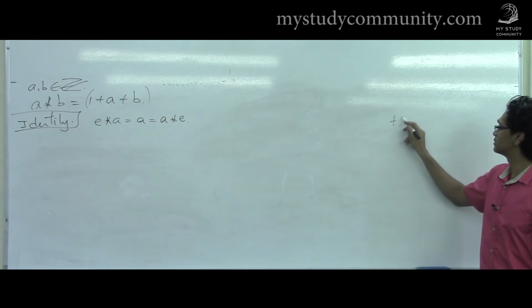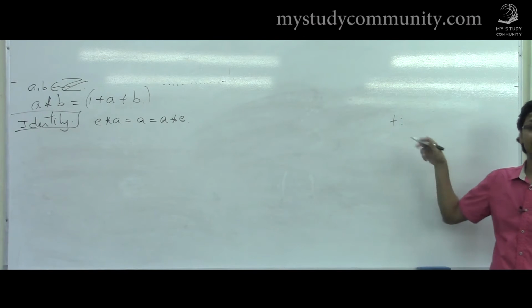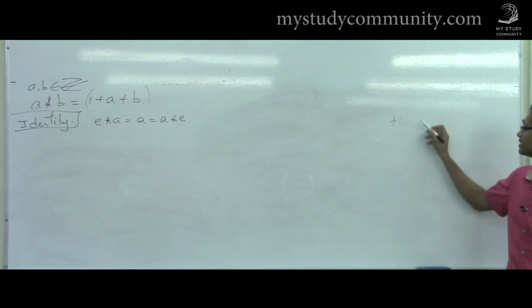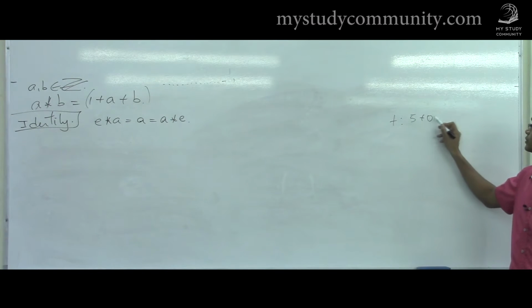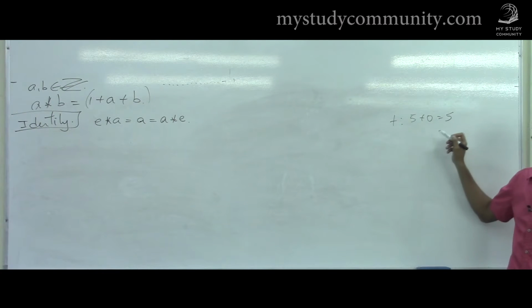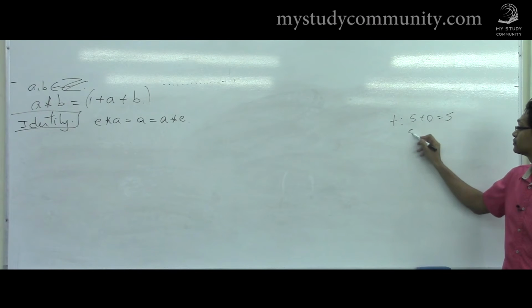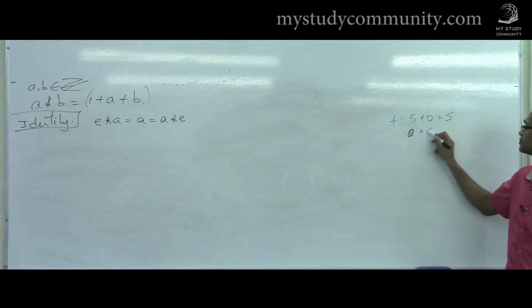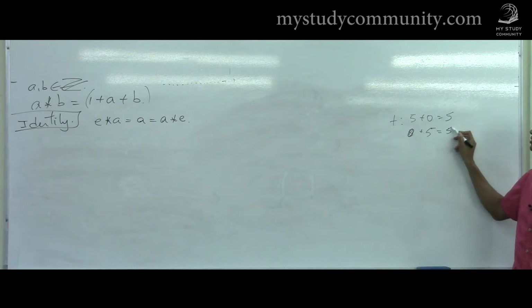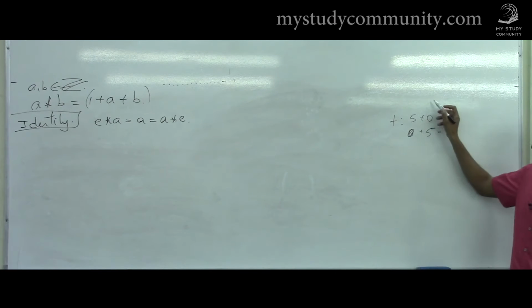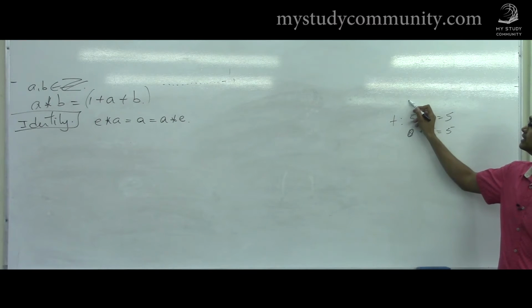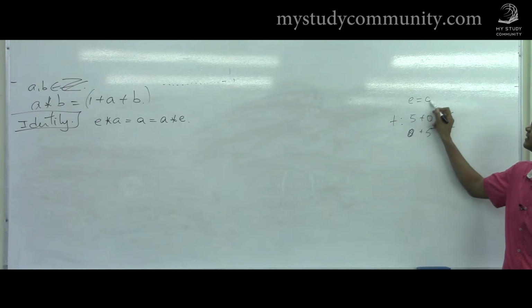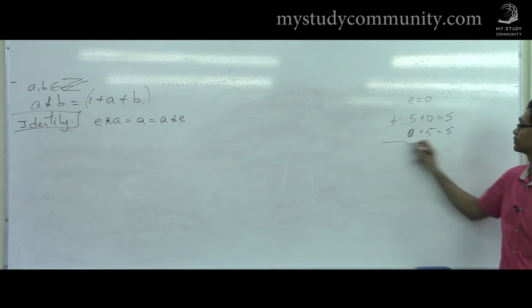For addition, the identity element is 0. So if I have an element 5, I know 5 plus 0 gives me back the element which is 5, yes? I know 0 plus 5 would give me back 5. Yes? So generally we use the letter E for the identity. So for addition, the identity is 0.